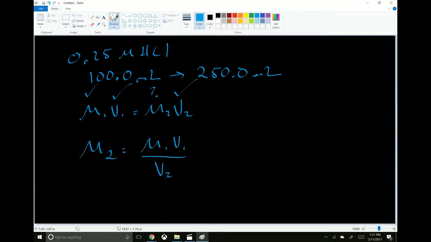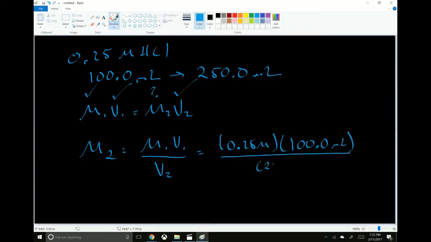Now here's something that might make you happy. This is one of those situations where the units on volume don't matter. Because 0.25 molar times 100 mils divided by 250 mils.